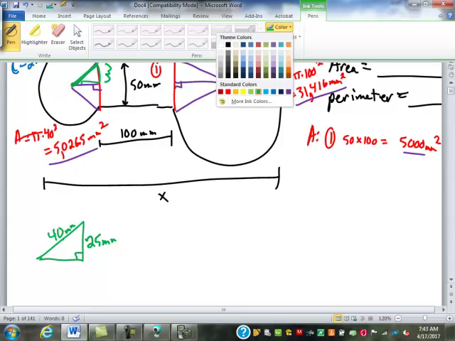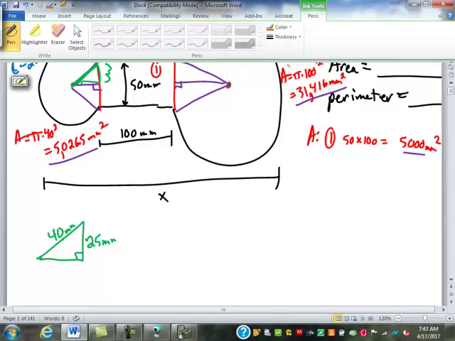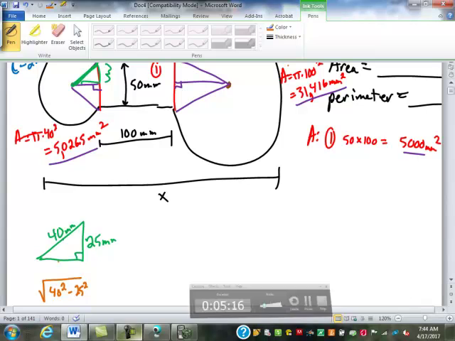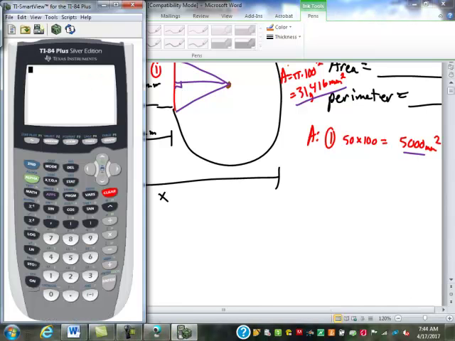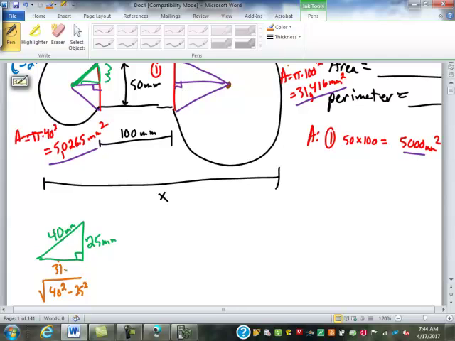So now I can find this side down here, which is the square root of 40 squared minus 25 squared, 31.225 millimeters. That is that distance.